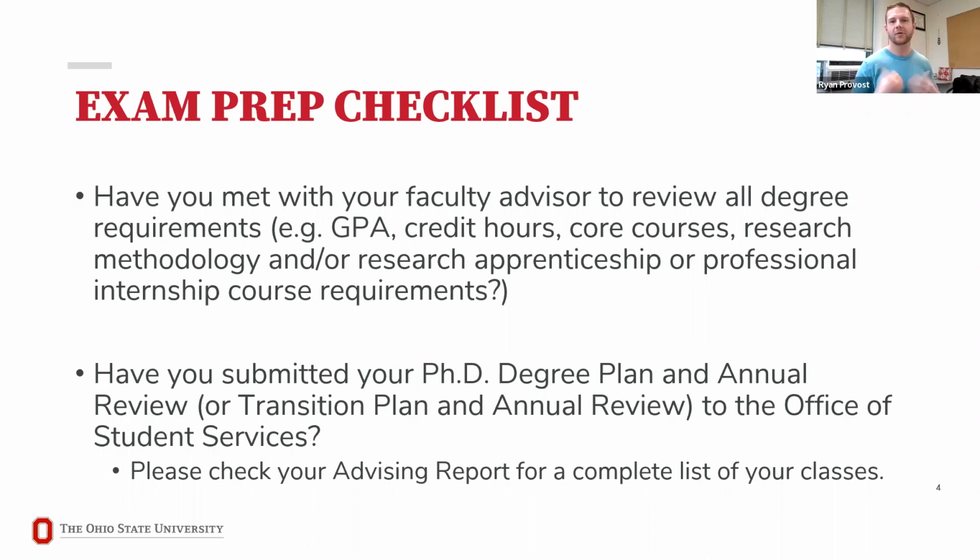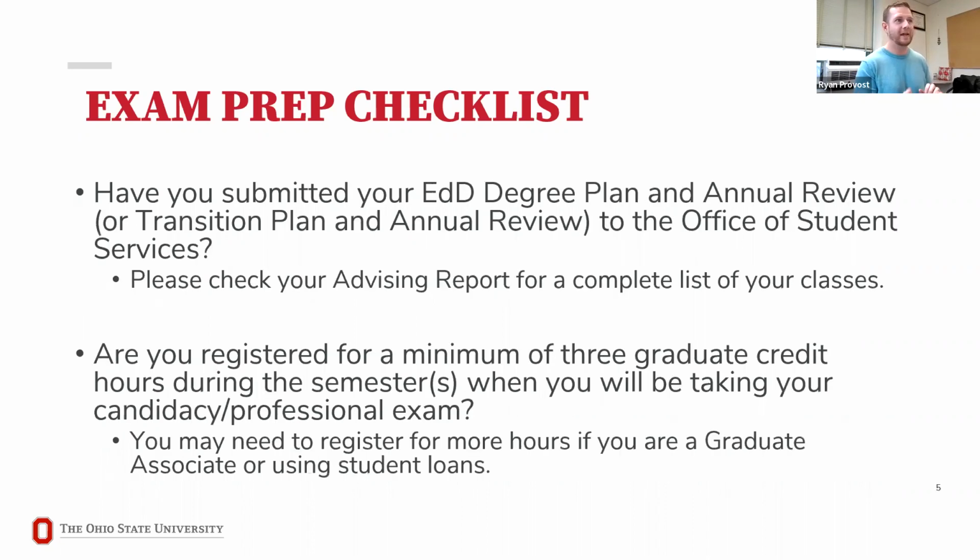So your credit hours, your courses that you need to take, any other internship requirements or anything, just making sure that you talk with your faculty advisor and have checked all those boxes to make sure you're actually ready for your exam. You'll also need to submit your PhD degree plan and your annual review to the Office of Student Services, so to us, our office. If you're an EdD, your EdD degree plan needs to be submitted along with your annual review, again, to our office.